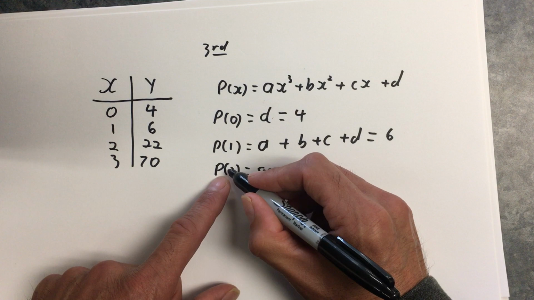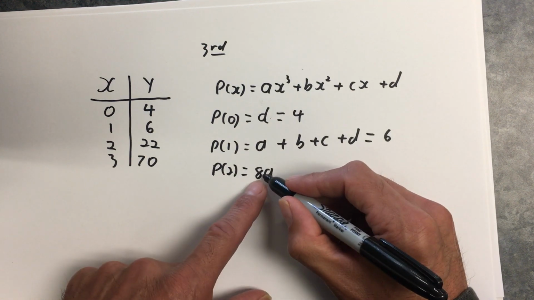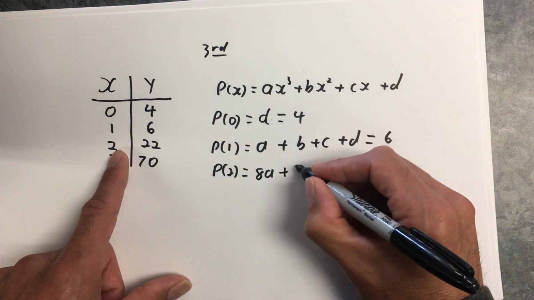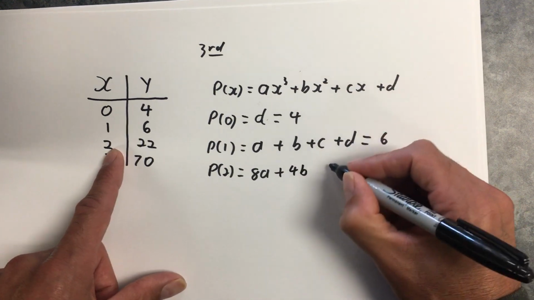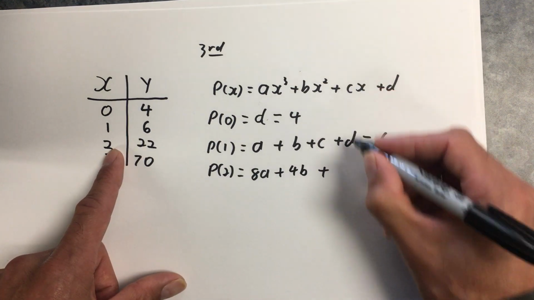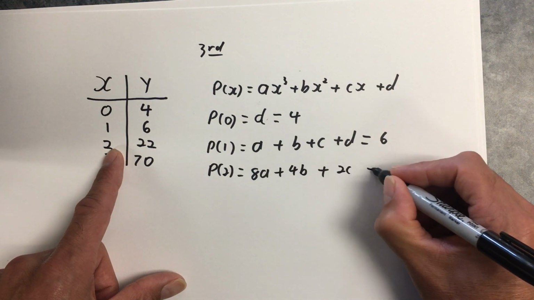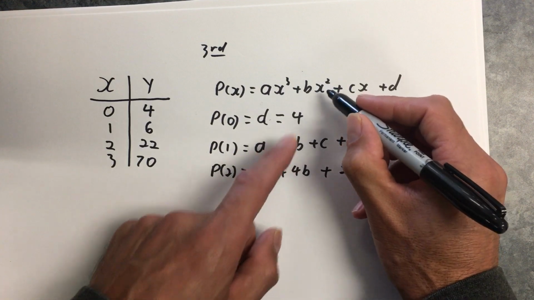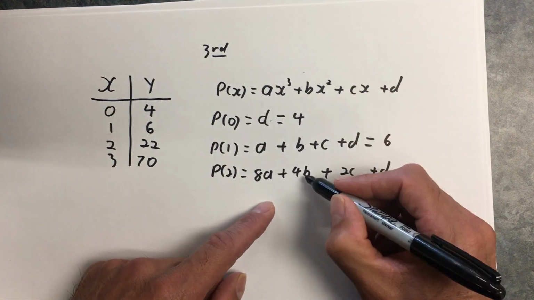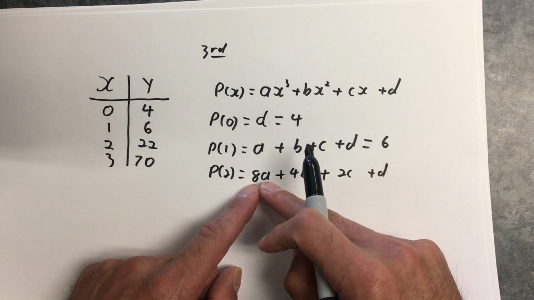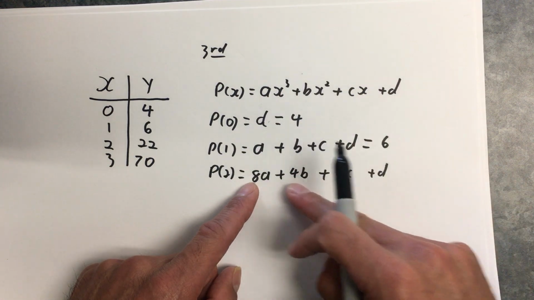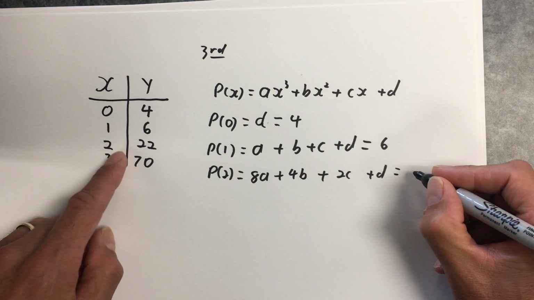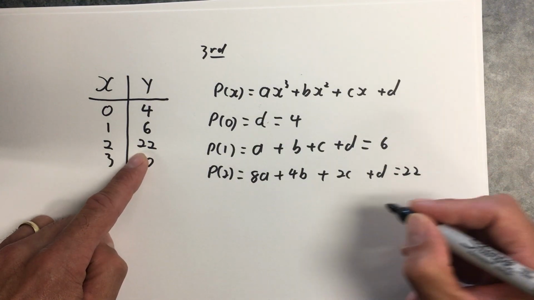So if the x value is 2, our polynomial is 8a plus 2 squared, so that's 4b, plus 2c plus d. You may have noticed I changed the order. I subbed in the value and I put x before the letter. The reason why I did that is all of a sudden these constants are becoming the variables of my system of equations here. And that's equal to 22.